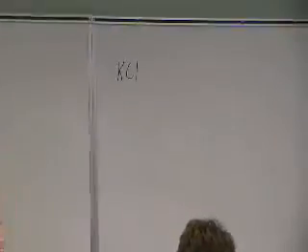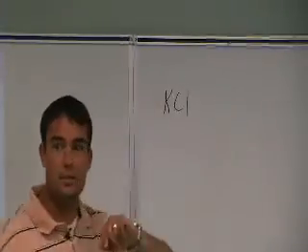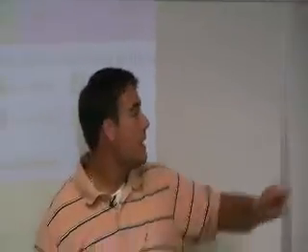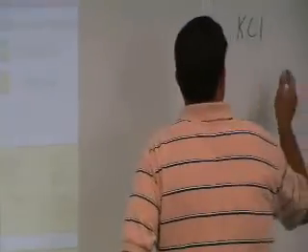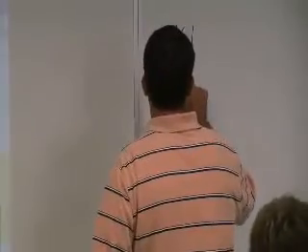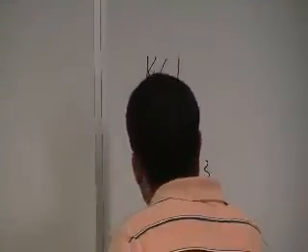That means 1 potassium, 1 chlorine. How did I know that? Well, I know capital C and lowercase l is chlorine. That is a single atom. And I know potassium is a single atom when I do this notation. So how many total atoms do we have here? 2.